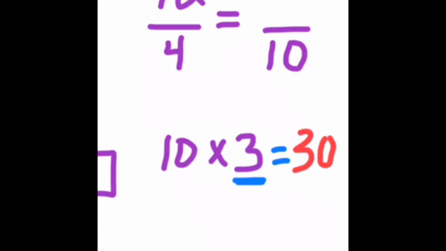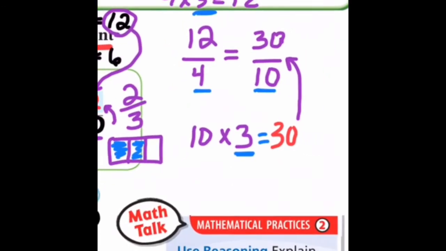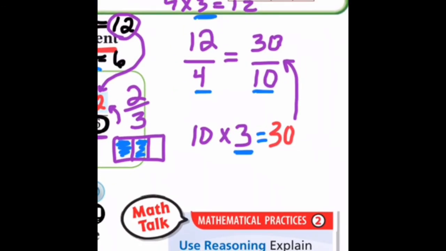So then I can take my 30, put it here. 12 fourths is equivalent or equal to 30 tenths. I multiplied both denominators by 3, so then my fractions stayed the same, or equivalent. Again, you don't have to know that right now. That is something you'll learn probably in 4th or 5th grade.